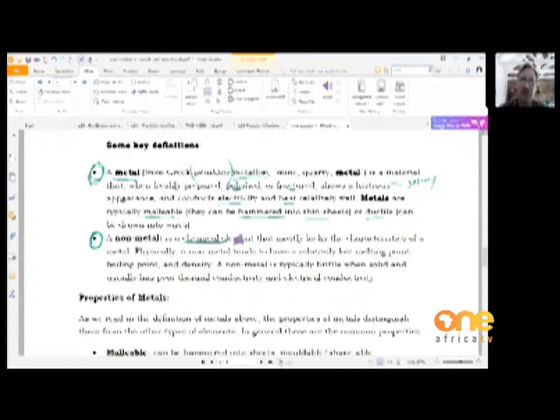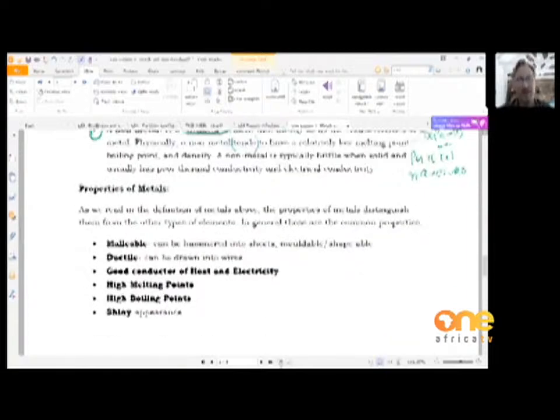So when we say a non-metal tends to have a relatively low melting point, this depends on the physical structure. Which means that there are exceptions, but in general, non-metals follow that trend.